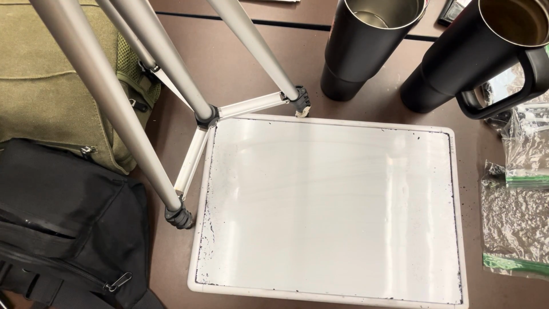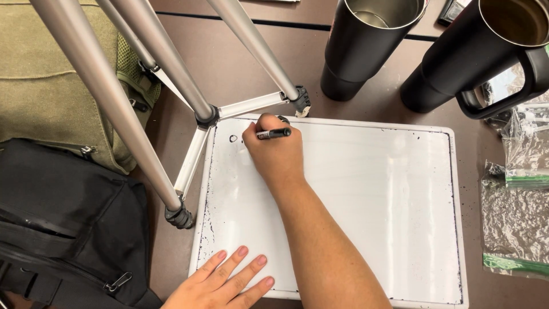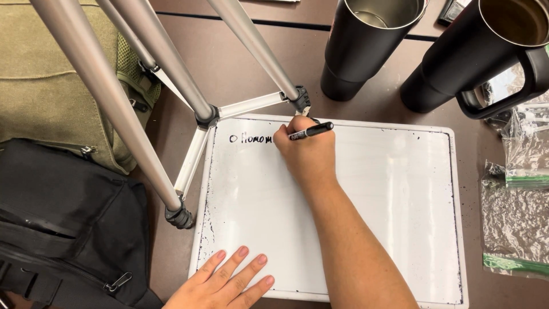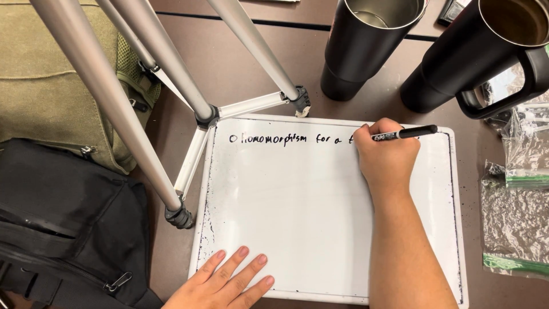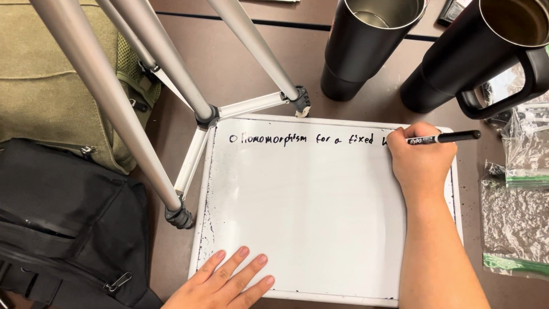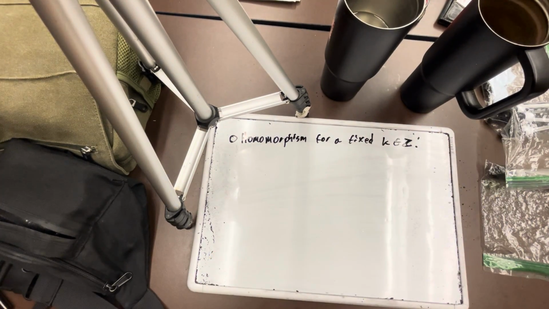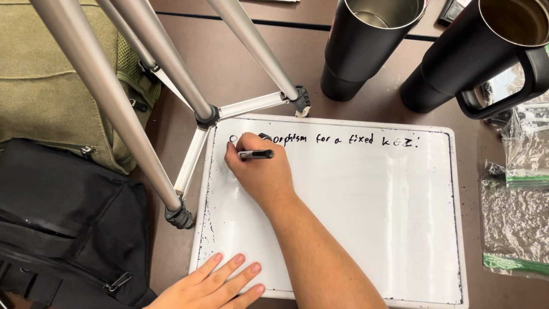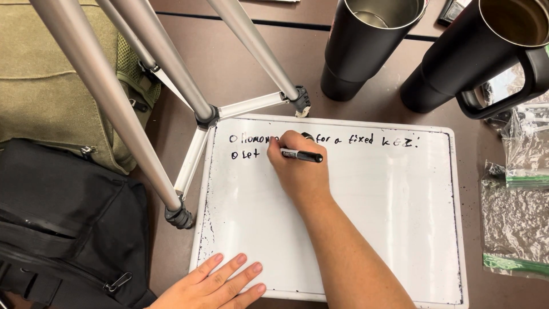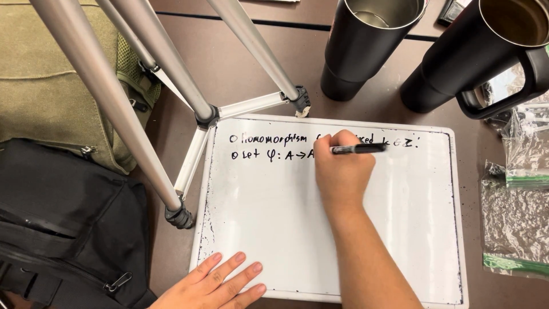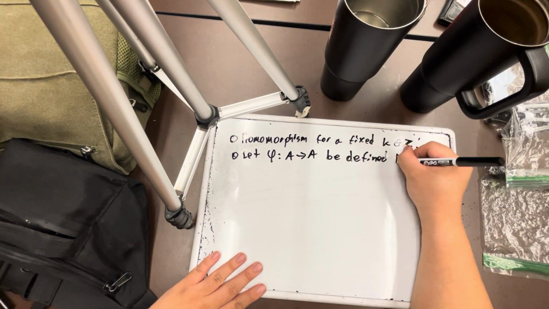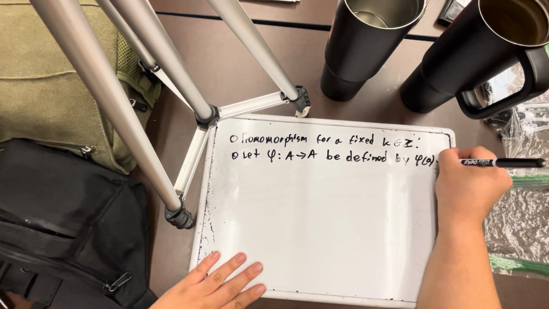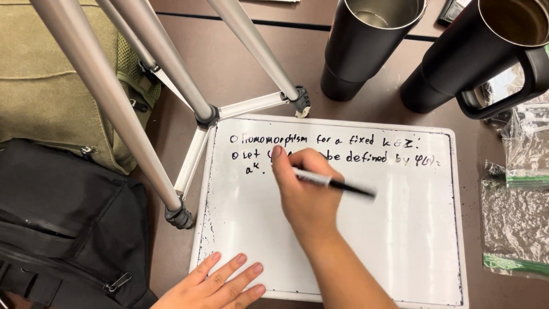Okay, so for the first part, homomorphism for a fixed k within the integers. Let phi be a map from A to A, defined by phi of a is equal to a to the k.